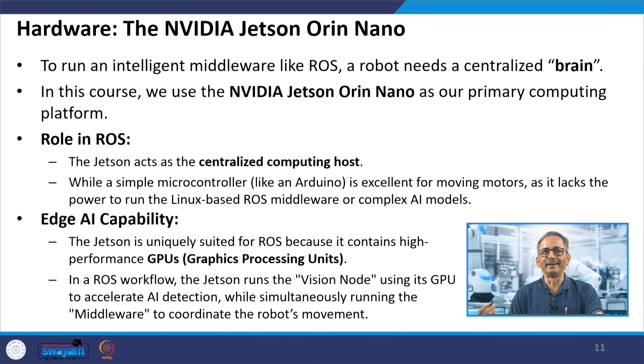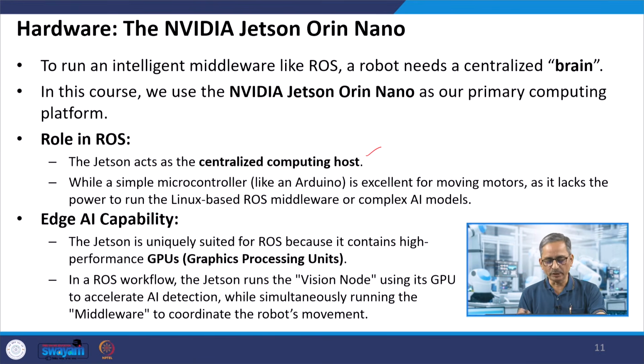To run an intelligent middleware like ROS, a robot needs a centralized brain. And as I have been saying during this course, we are going to use the Nvidia Jetson Orin Nano as our primary computing platform. So, what role does it have in ROS? The Jetson acts as a centralized computing host.